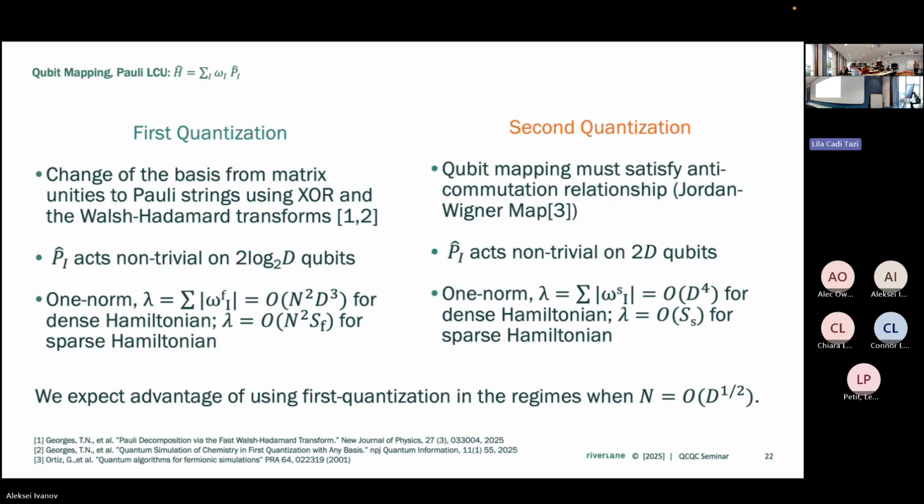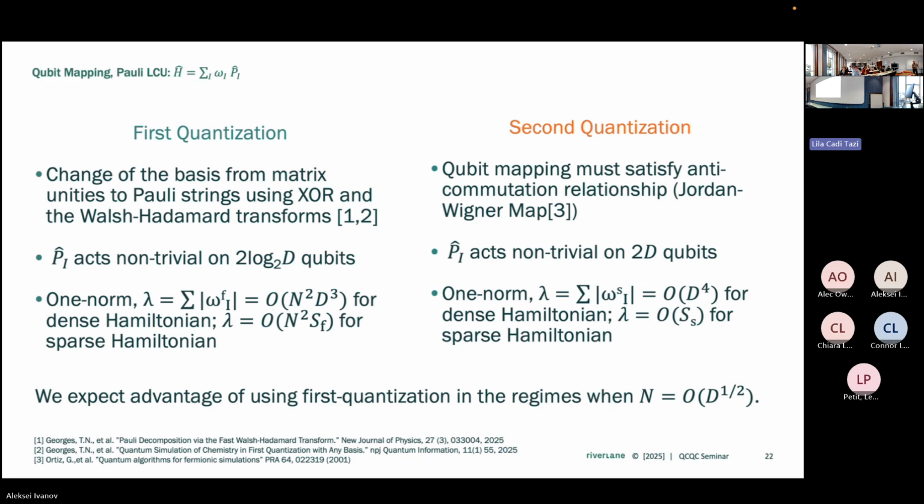All right, just to summarize. First, second quantization uses a qubit mapping, which must satisfy anti-commutation relationships. So you use Jordan-Wigner. Here you change the basis from matrix units to Pauli strings using this XOR and the Walsh-Hadamard transform. Then Pauli strings in the second quantization act non-trivially on d qubits, a factor of four because of spin.